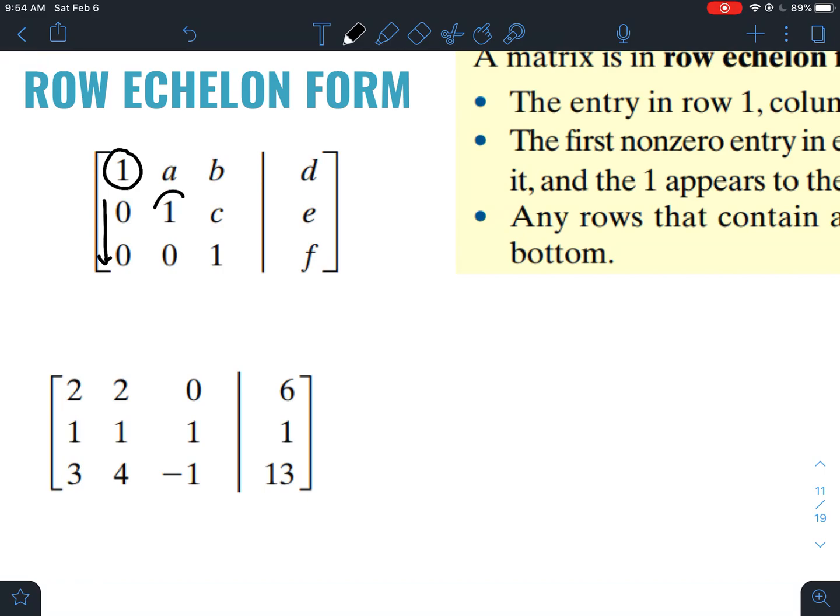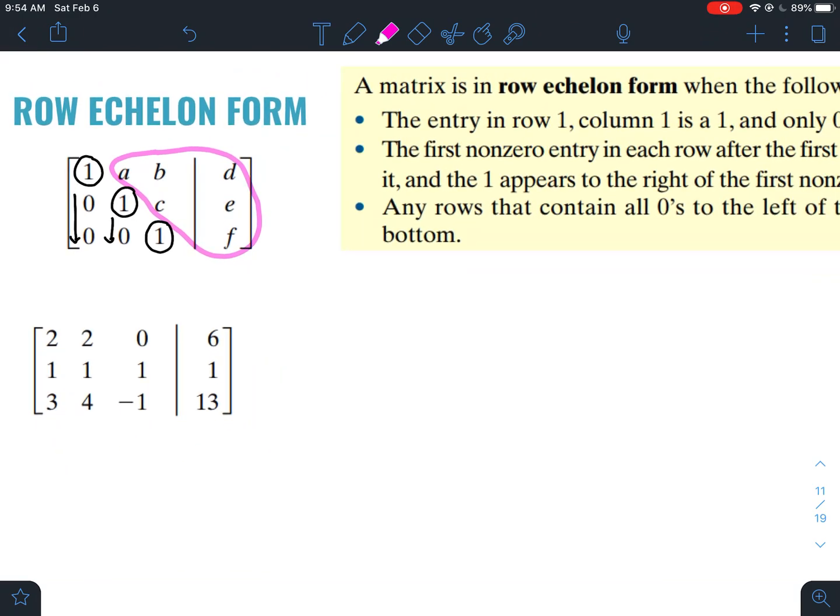And then you want a 1 as the second entry in row 2, and then you want zeros underneath it. And then if you have a row 3, you want a 1 in the third entry, and if there are more entries, you would want zeros underneath it, and so on and so forth. The rest, so anything above those ones, and to the left of those ones, could be any number you want. You just need ones going down the diagonal and then zeros underneath those ones. And that is called row echelon form.